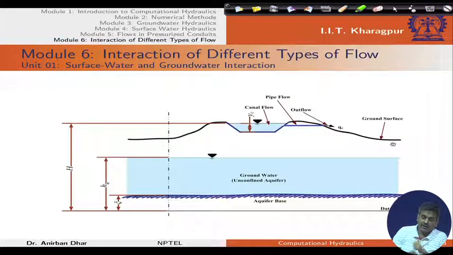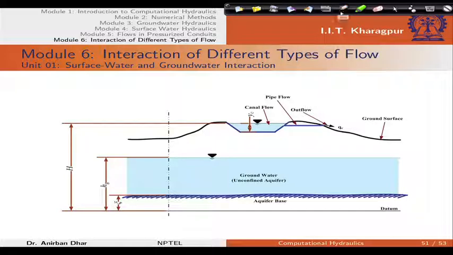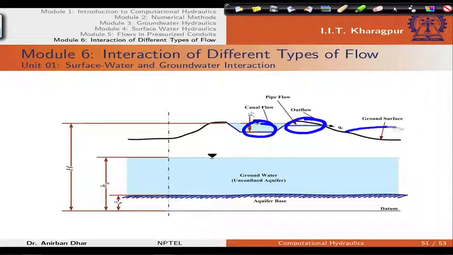And in the final module, which was our interaction of different types of flow, we have considered channel flow, pipe flow, surface flow, and from there recharge, and finally groundwater flow with the effect from surface flooding in terms of recharge there.